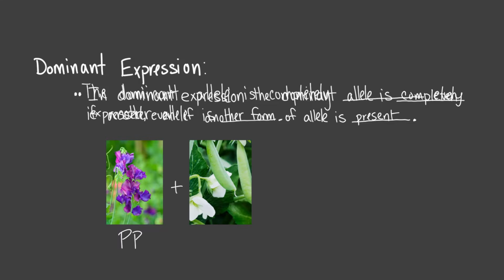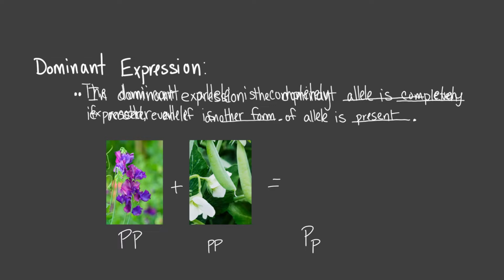And we're going to breed that pea plant with this pea plant, which is homozygous recessive, little p for its flower color. It has white flowers. Well, we know that the offspring of that breeding would be heterozygous, with one purple allele and one white flower allele.